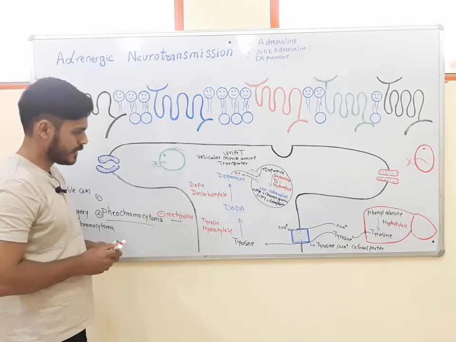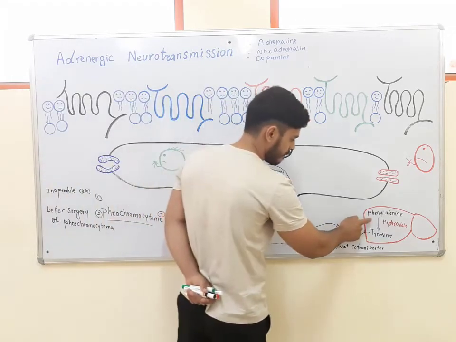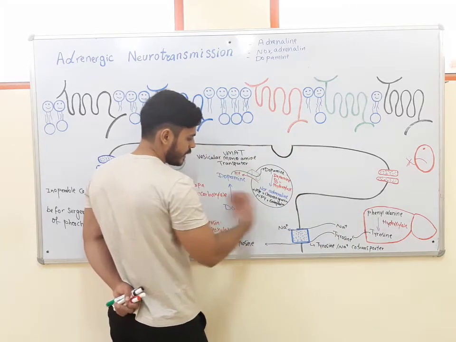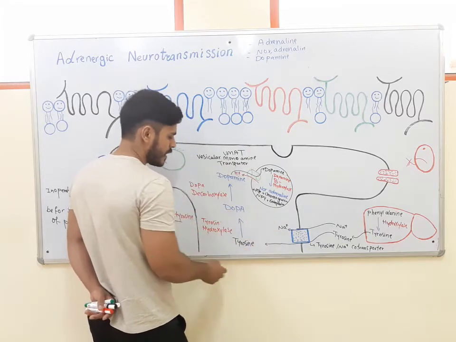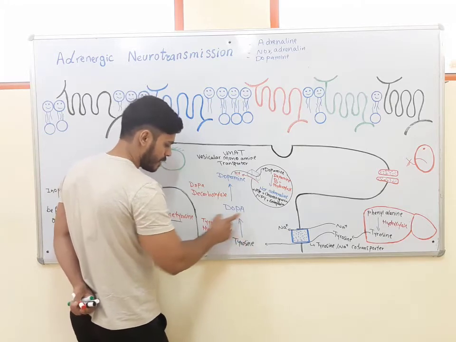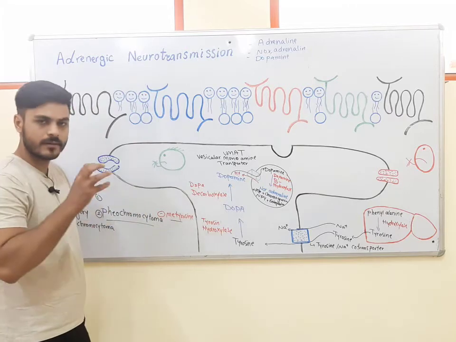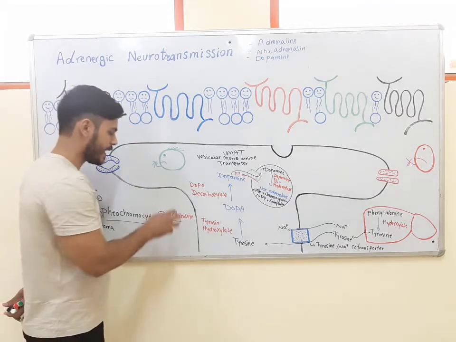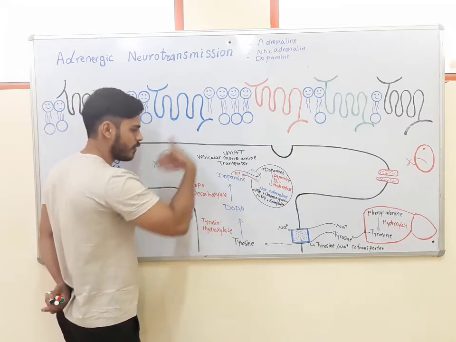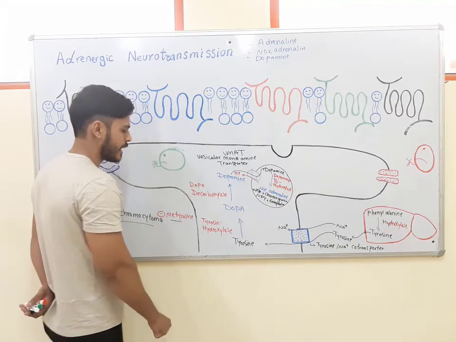This was about synthesis of catecholamine. The first step, conversion of phenylalanine to tyrosine. The second step, uptake of tyrosine into nerve terminals. After uptake, we convert tyrosine to DOPA by tyrosine hydroxylase, and this is the rate limiting step. If we can inhibit this step, we can stop the whole process of synthesis of catecholamine.